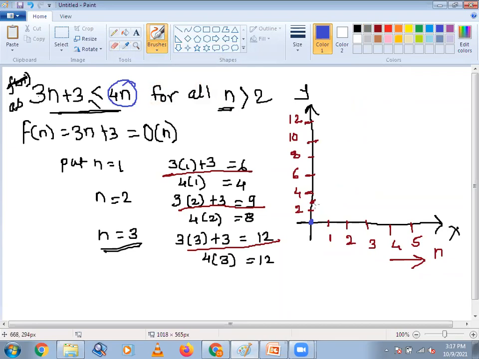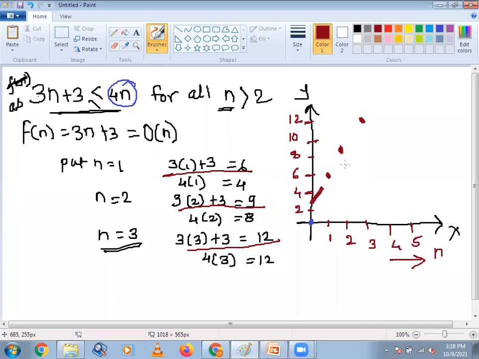Here for 0, f of n is 3. Then for 1, it is 6. Then for 2, 9. Then for 3, 12.